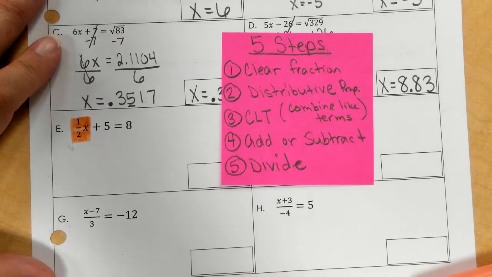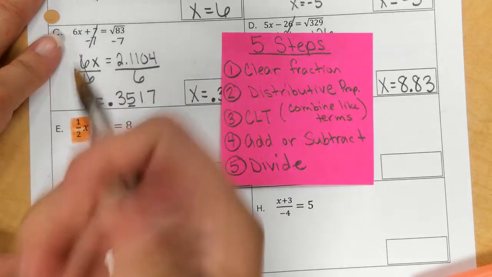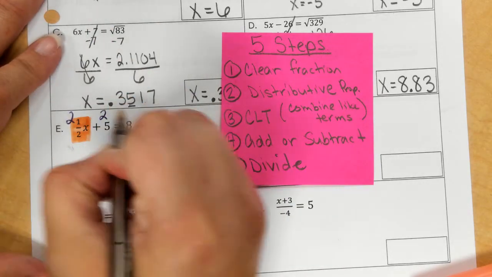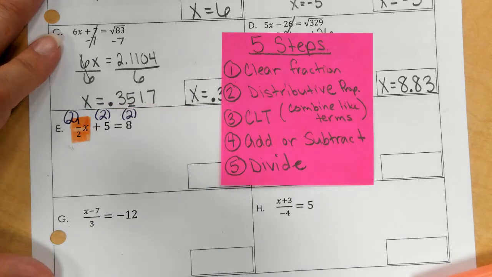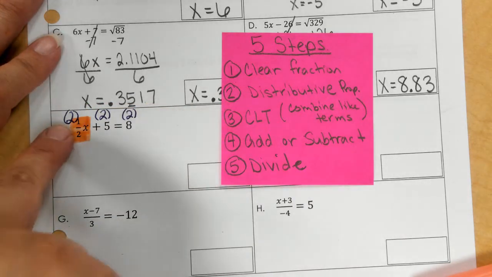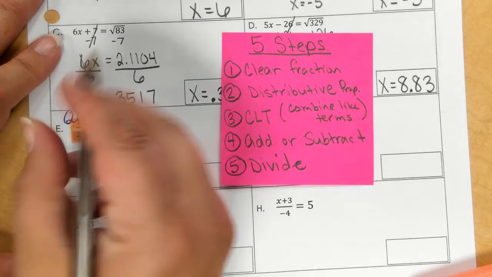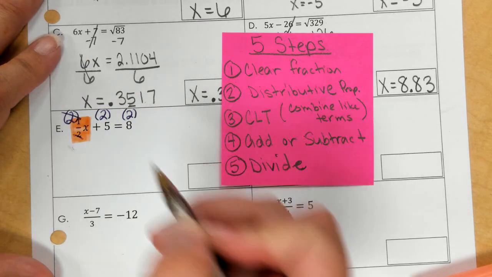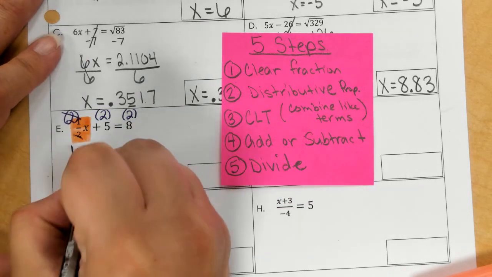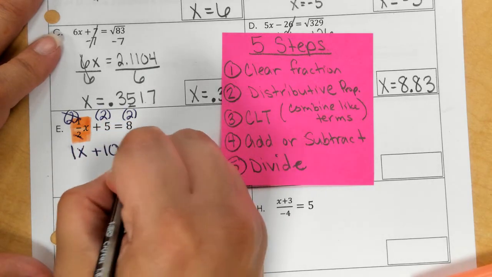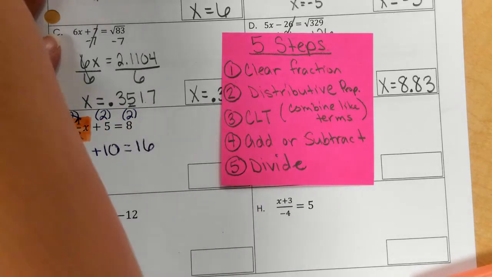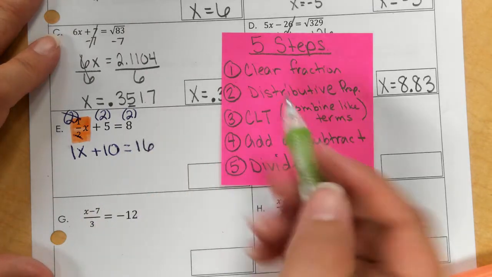So first thing is you're going to write a 2 above every term. And you're thinking of multiplication. So 2 times 1/2 actually cancels the 2's out, leaving 1x. 2 times 5 is 10, and 2 times 8 is 16. To solve, I'm going to go ahead and keep going.